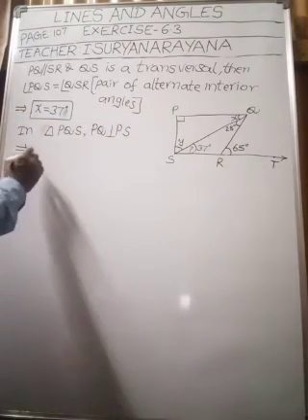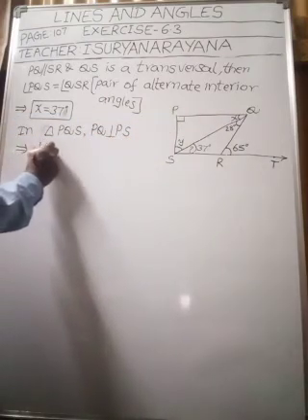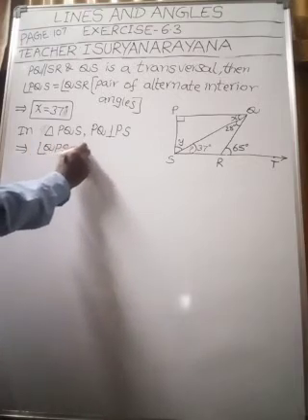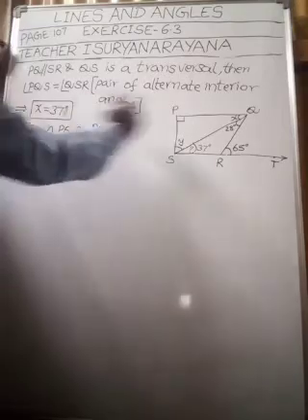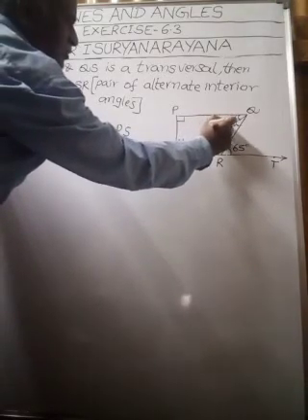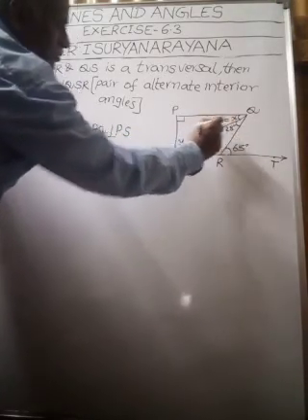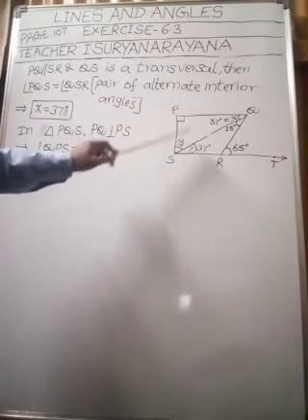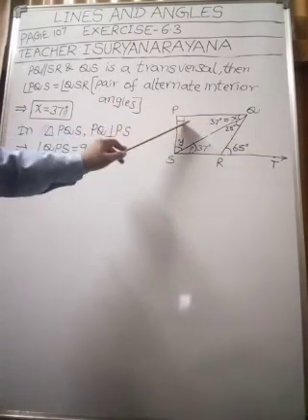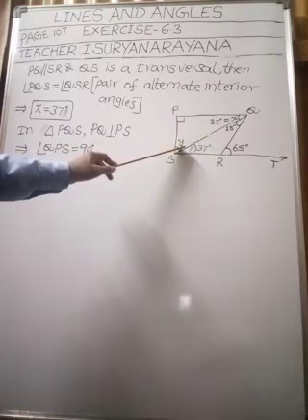Isn't it or not, my children? Angle QPS is equal to 90 degrees. So we got here, this is 37 degrees. So in this triangle QPS, we know these two angles. Can we find the third angle or not?